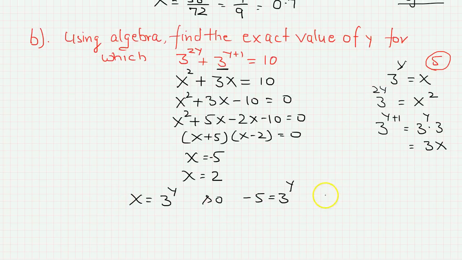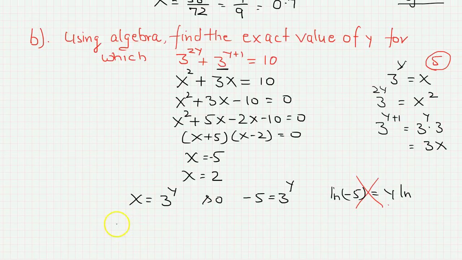To solve it, let's take log on both sides. But now we are seeing one thing is coming negative, so we are not going to use this negative. Let's use another value. Let's say x is equal to 2.